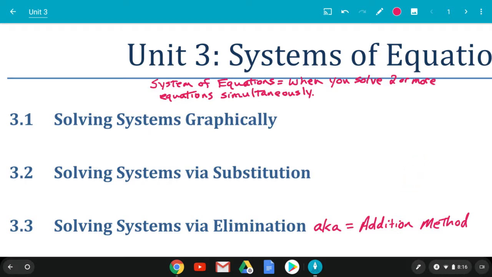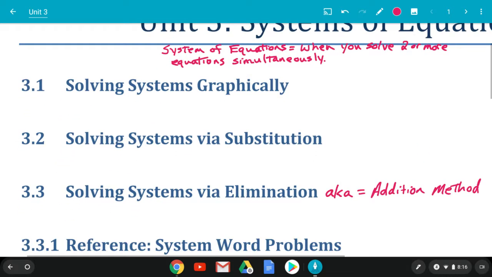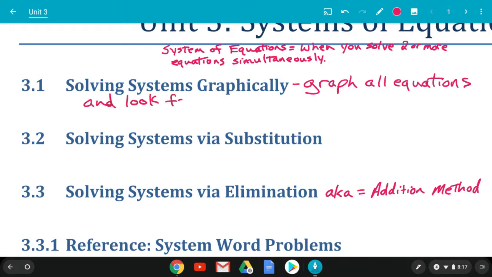All right. So for starters, let's solve a system graphically. How do we solve a system graphically? Well, we graph all equations and look for the point of intersection.